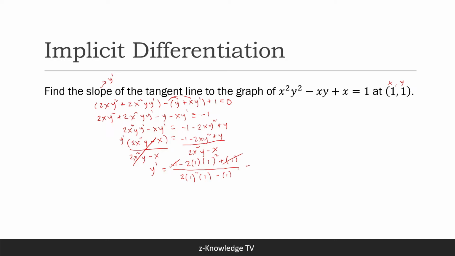So, may iwan is minus 2 times 1 squared is minus 2 pa rin, over 2 times 1 squared is 2 times 1, 2 pa rin, minus 1 is 1. Okay? So, therefore, ang y prime natin is negative 2. Kaya naman, equal dito sa ating slope na hinahanap. Okay? So, ito yung ating sagot.